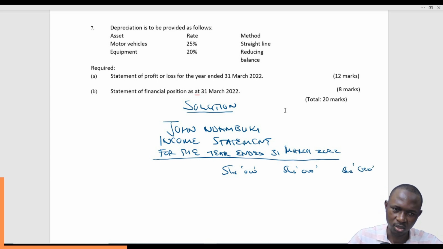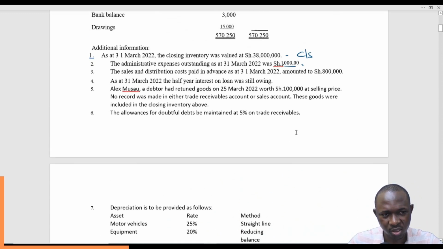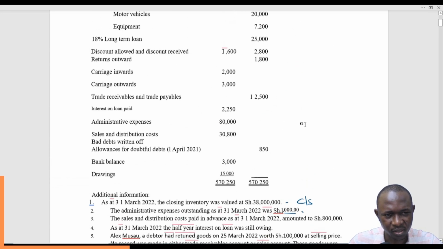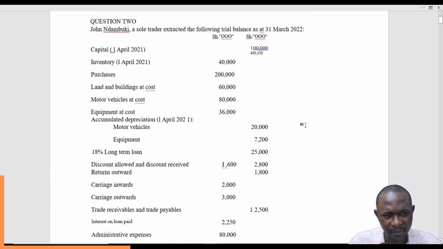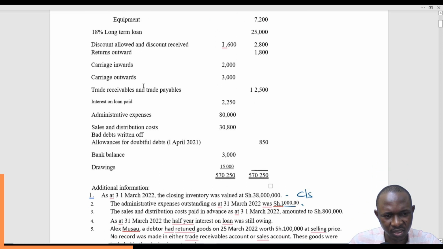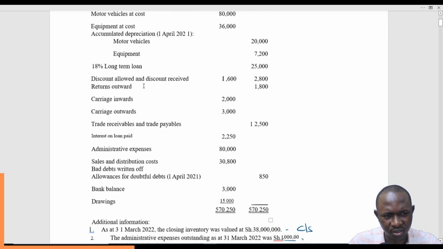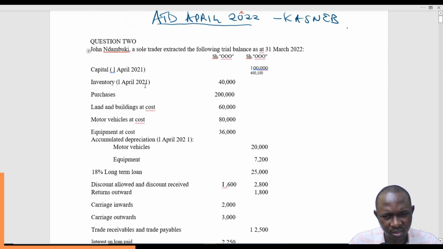Like that. So then we always start with the trading account, and the trading account will always have the sales, then less cost of sales. So we go straight to the sales, then cost of sales. I'm trying to look for sales, capital, inventory, purchases. Sorry, the sales are here.